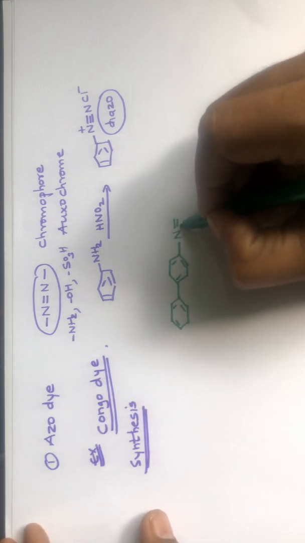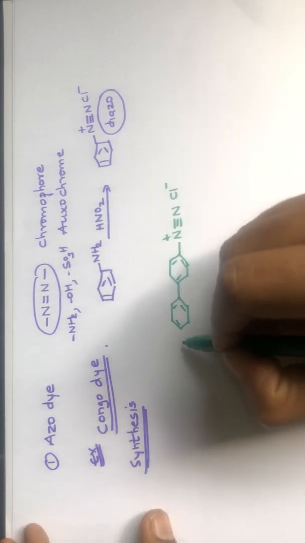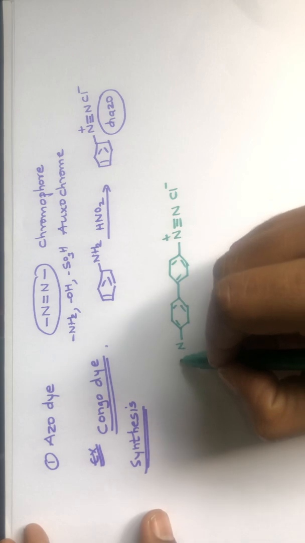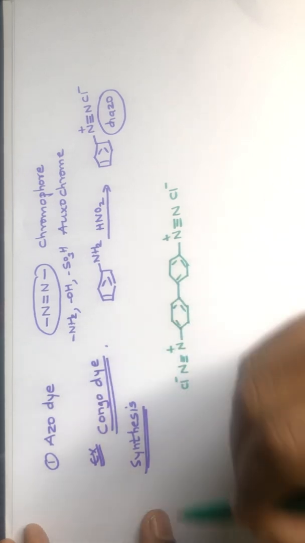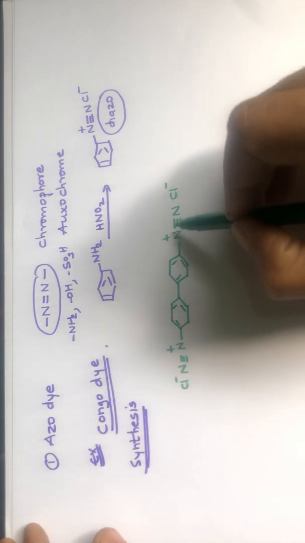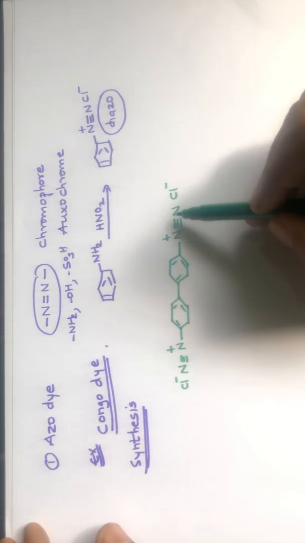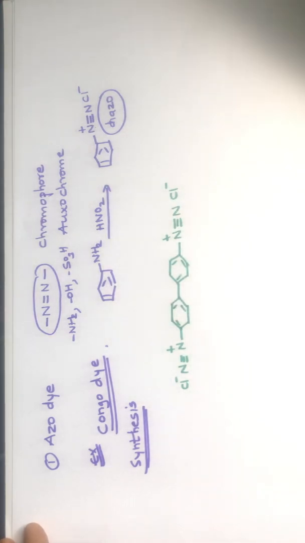N triple bond N plus Cl minus, N triple bond N, Cl minus. This is tetraazotized: diazotized, 1, 2, 3, 4 nitrogens. So this is called tetraazotized benzidine.